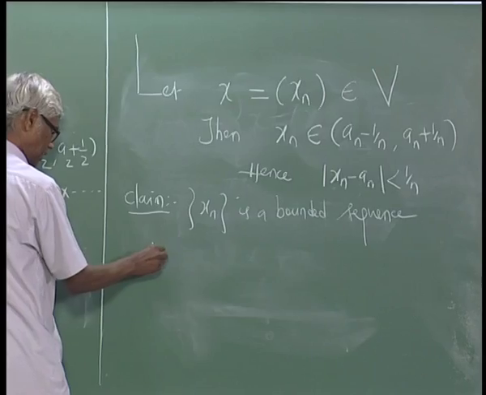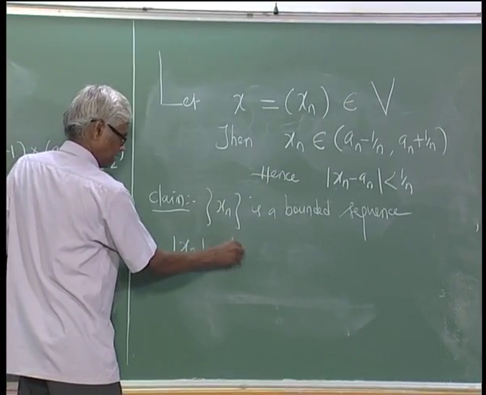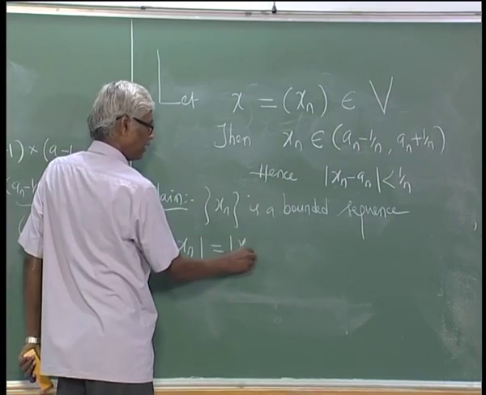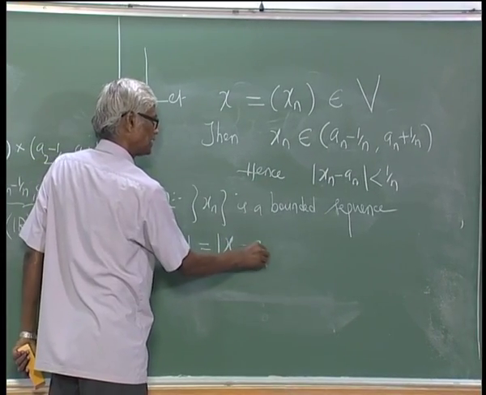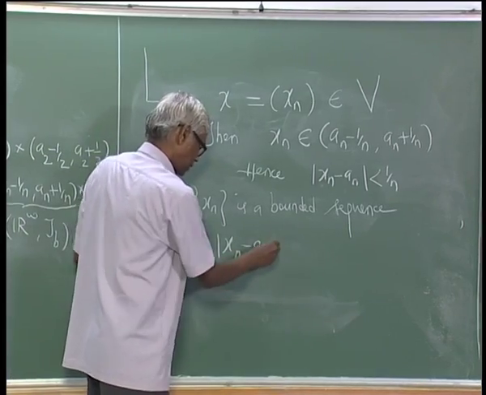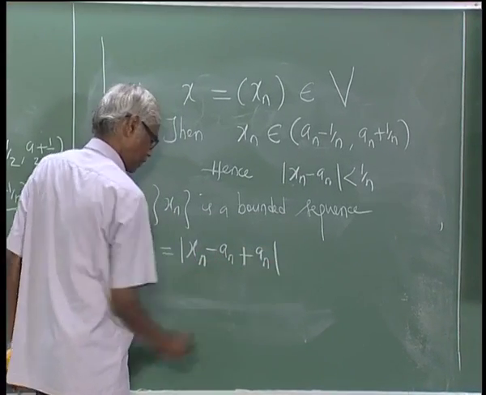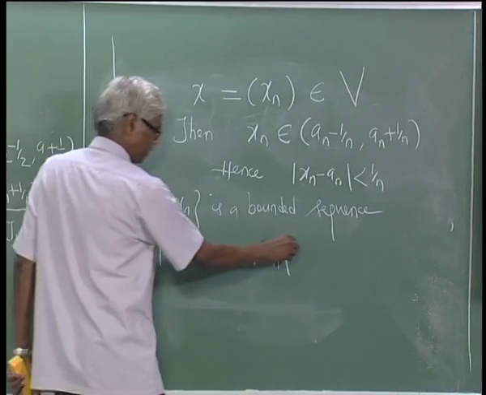So, I consider mod x_n. Now, we can add and subtract a_n: mod x_n minus a_n plus a_n, just adding 0. Now, use the triangle inequality.